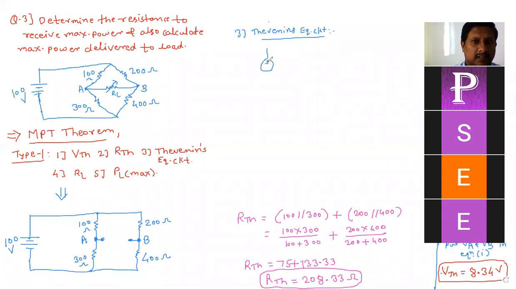So VTH we got 8.34 volt. This is RTH. RTH किती आले? 208.30 ohm. So between A and B, the variable load resistor is there. You can connect it.